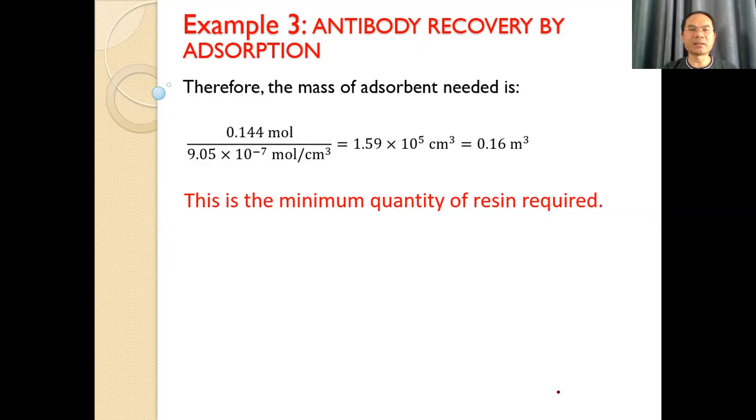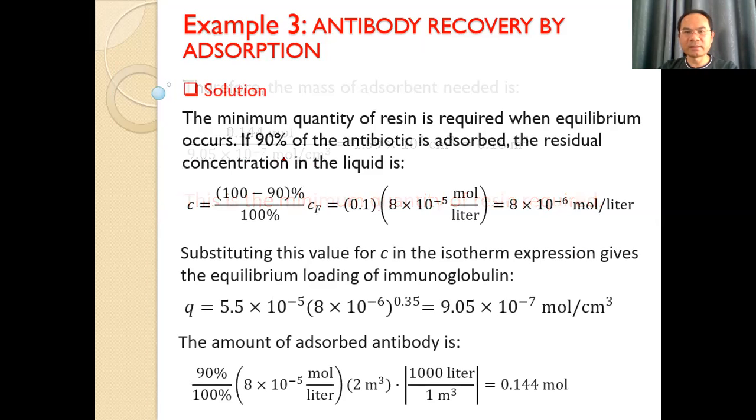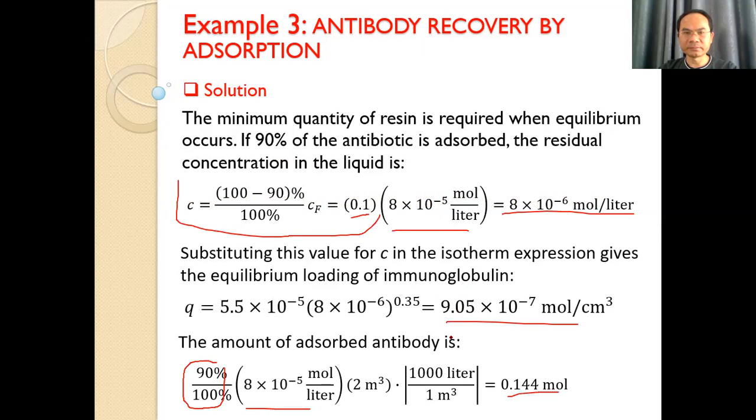And then you can calculate the adsorbent needed. The adsorbent needed is equal to the mole of solute adsorbed on the surface divided by 9.05 multiplied by 10 to the minus 7 mole per kg. What does this mean? This is the concentration of solute adsorbed on the surface.